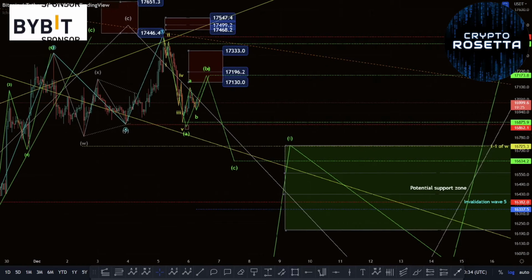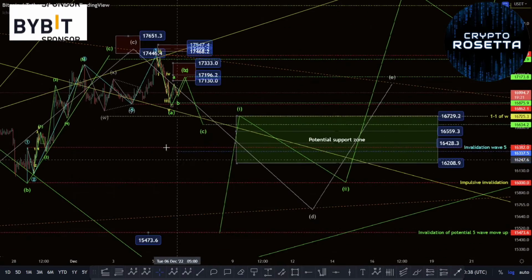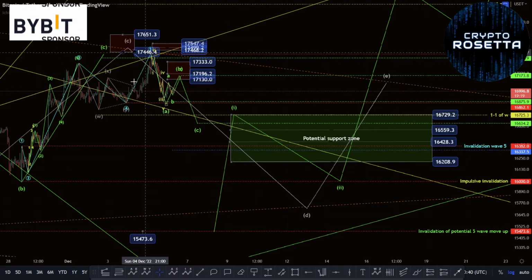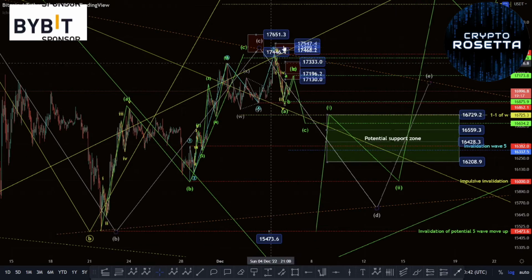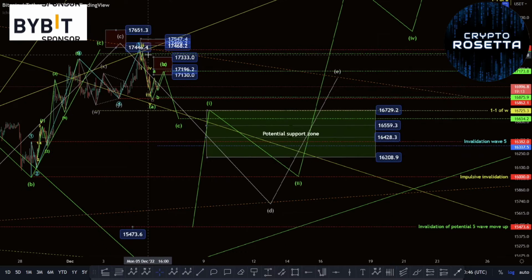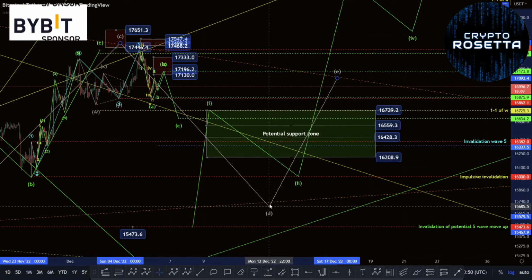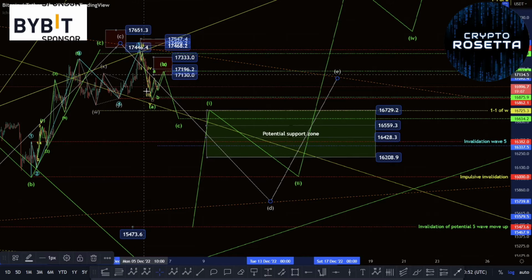So if we do start to think about some of the bigger picture things here, if this did complete here as a zigzag, we could potentially look to the option that we might be making another zigzag down here to form a D wave of a triangle. If that's the case, then we would expect to see a 5-wave move followed by a 3-wave move up and then another 5-wave move down to these low points.